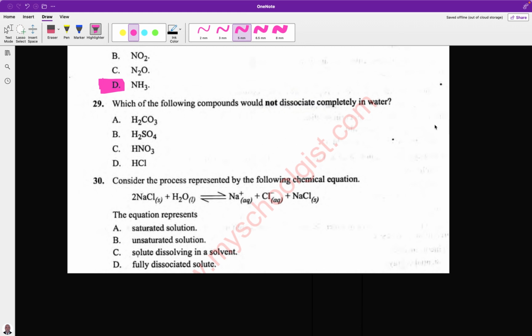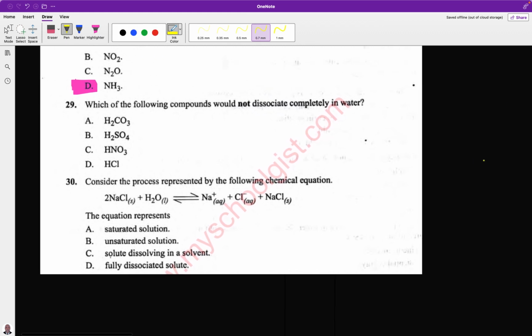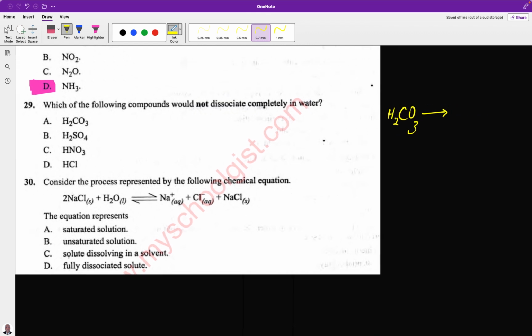When H2CO3 dissociates, it's going to give one hydrogen ion plus HCO3 minus.